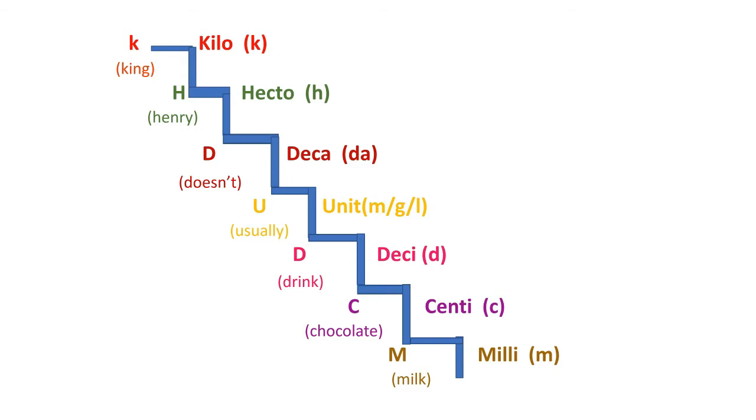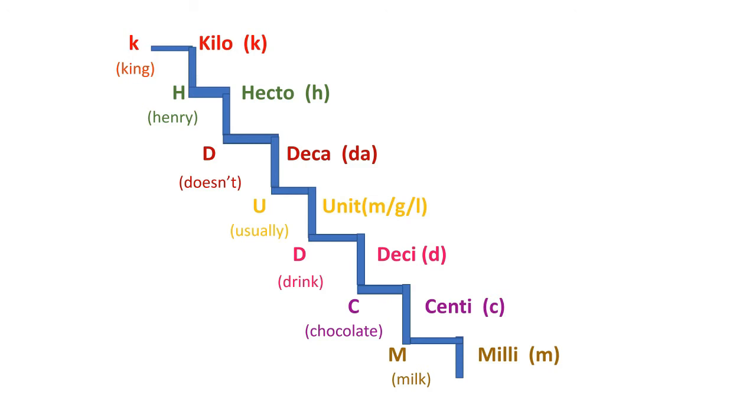So to remember this and to understand it better, we will take K for kilo, which stands for king, H for hecto, H stands for Henry, and D for deca, and we'll take it as doesn't. U for unit. Unit means if you are talking about length, it will be meter.